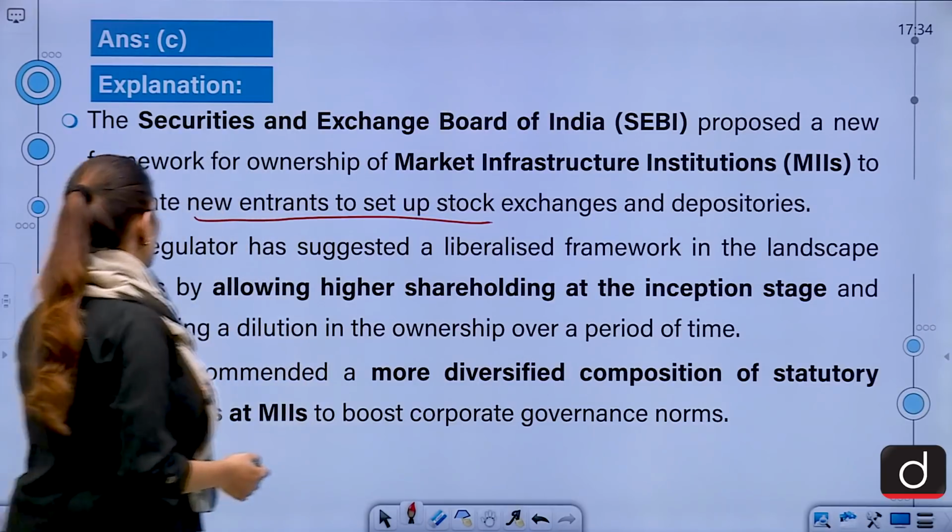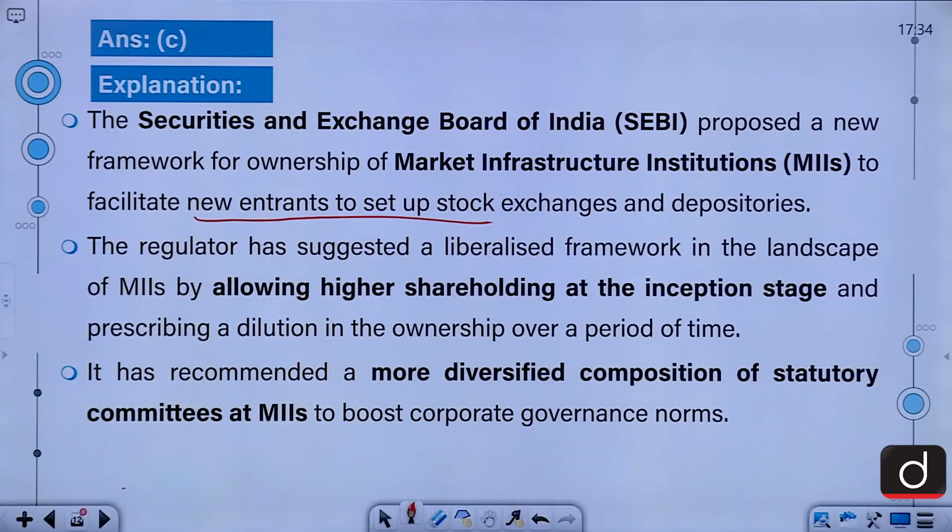Alright, and moving on, the regulator has suggested a liberalized framework in the landscape of MIIs by allowing higher shareholding at the inception stage and prescribing a dilution in the ownership over a period of time. It has recommended a more diversified composition of statutory committees at MIIs to boost corporate governance norms.